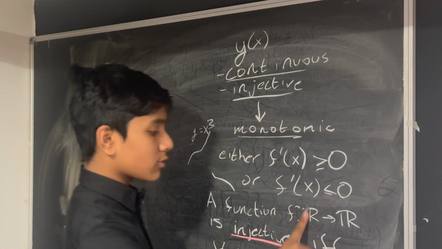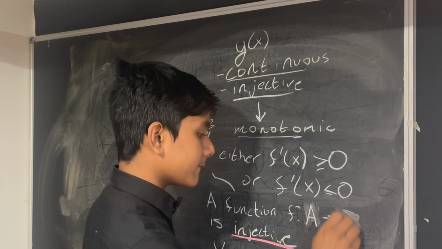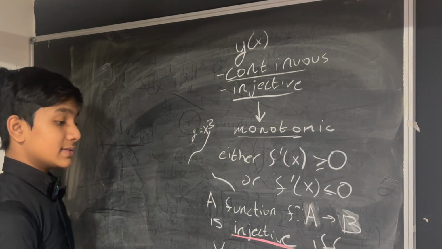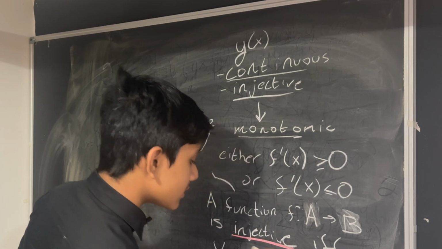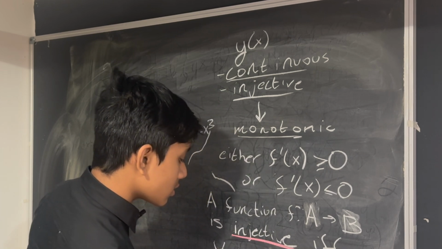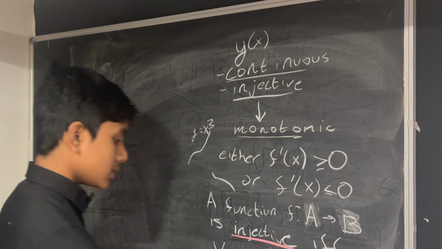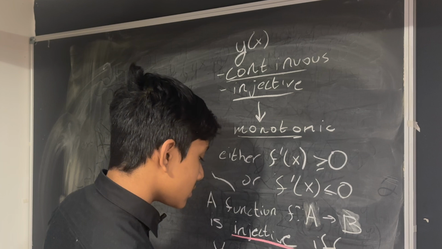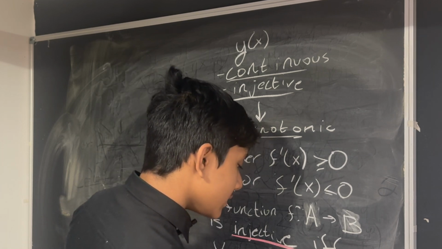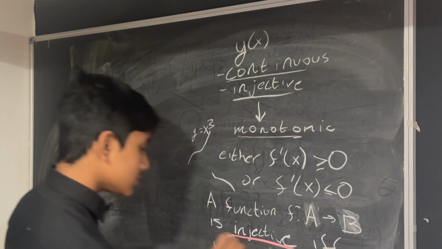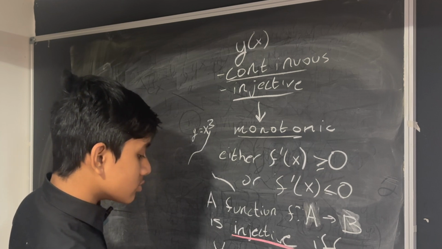Actually, let's generalize this from a domain A to a domain B. f is injective if and only if for all b inside the codomain, capital B, there exists less than or equal to 1 a inside A, such that f of a is equal to b.